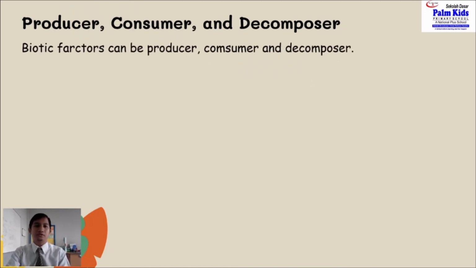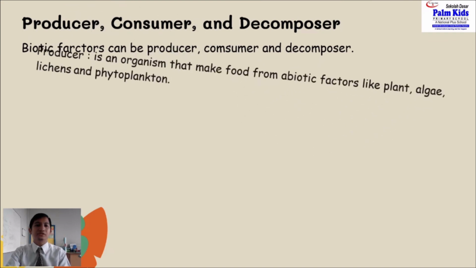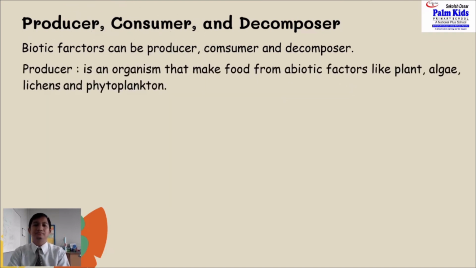What is a producer? Producers are organisms that make food from abiotic factors, like plants, algae, lichen, and phytoplankton. They make all their own food without other animals. For example, the plants need the sunlight, the carbon dioxide, and a lot of minerals from the land or from the dirt that make them grow.